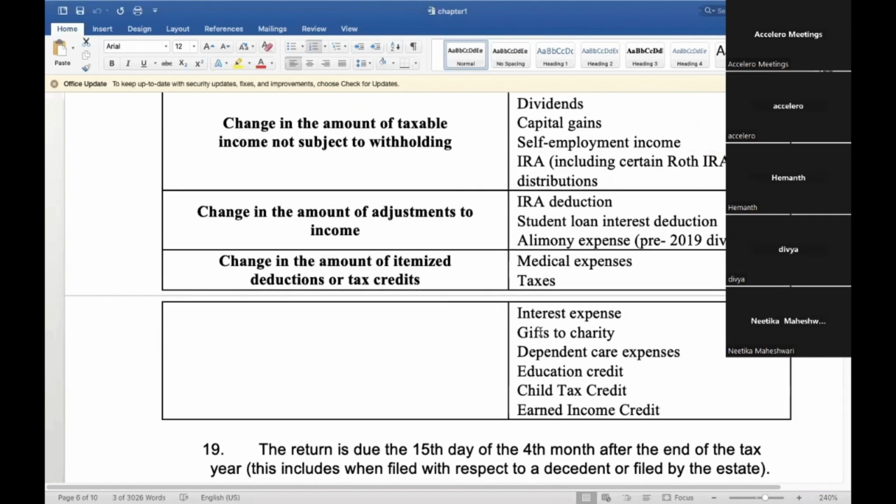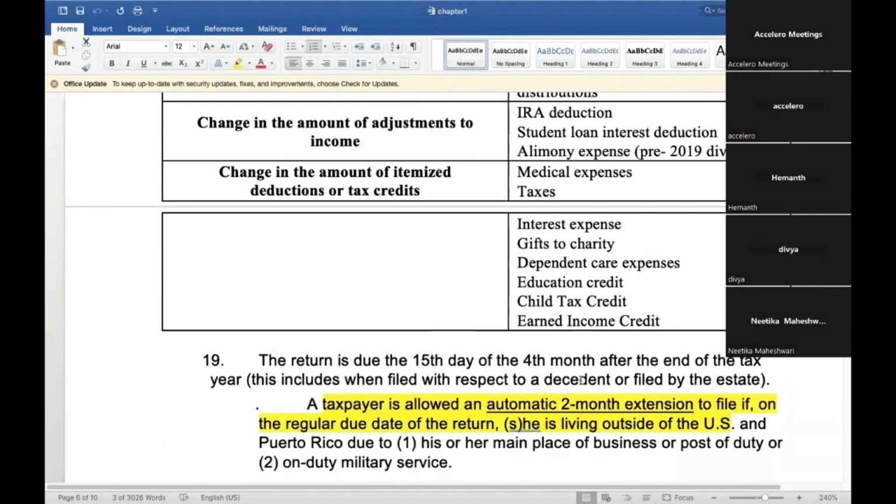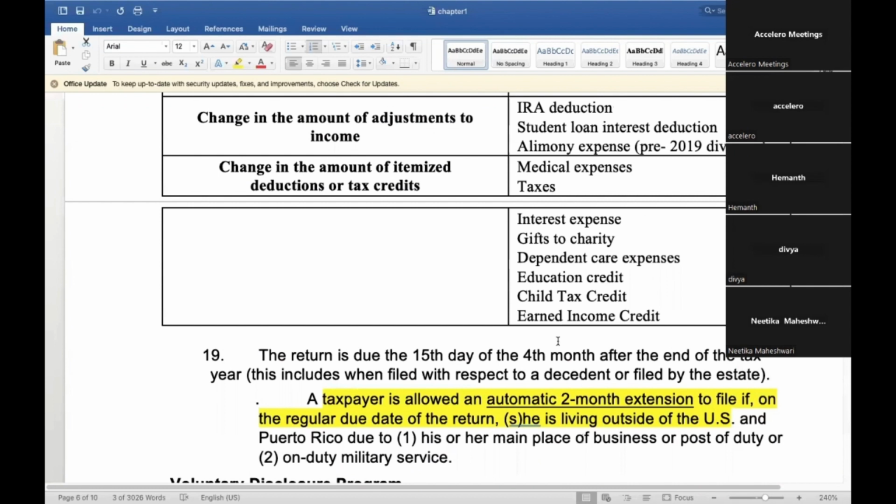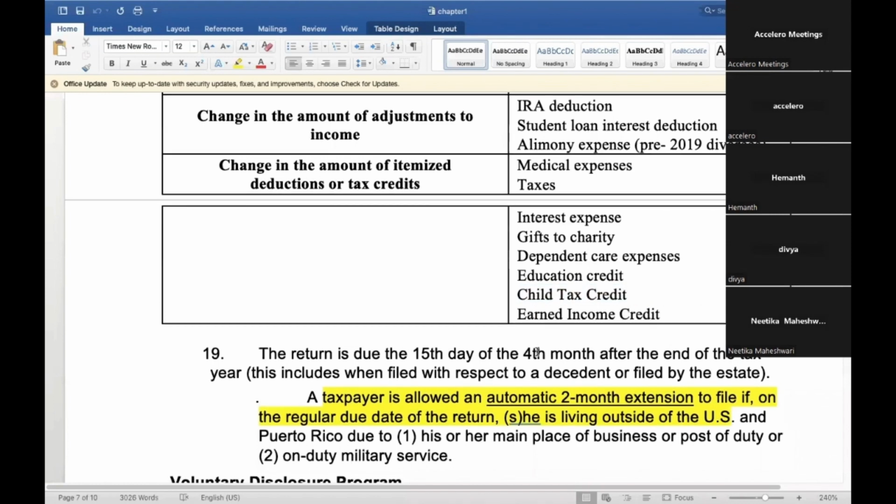Certain expenses or credits are available to reduce the tax liability, so we need to go over them, like child tax credit. If the taxpayer has dependents or children below 17 years of age, we need to evaluate whether they are eligible for child tax credit or earned income credit.